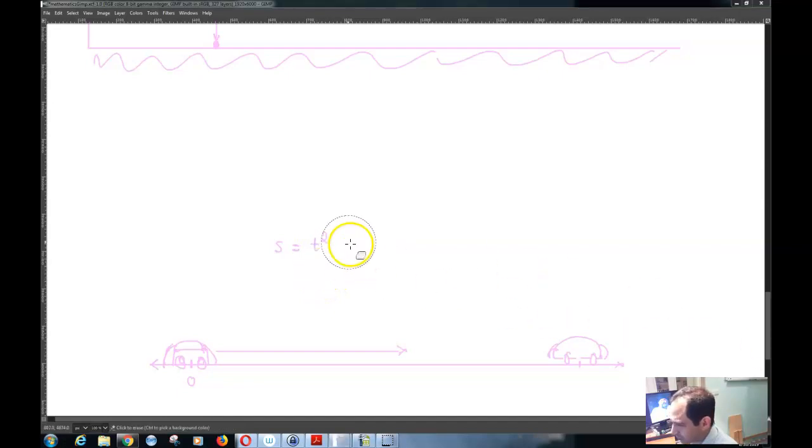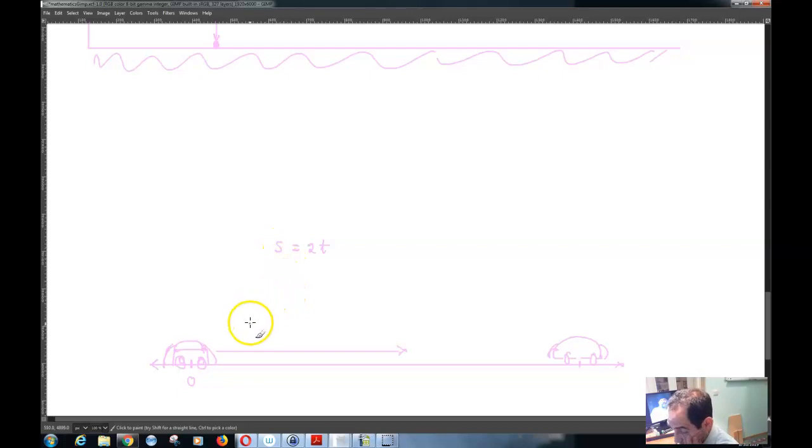Or let me make it simpler. Suppose that the distance is given by S is equal to 2t. Meaning that at any time t, you have to multiply your t by 2 to get the position of the car along the road.